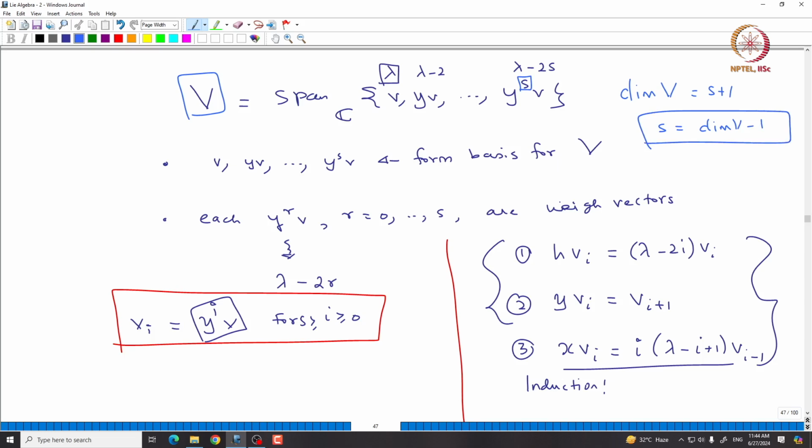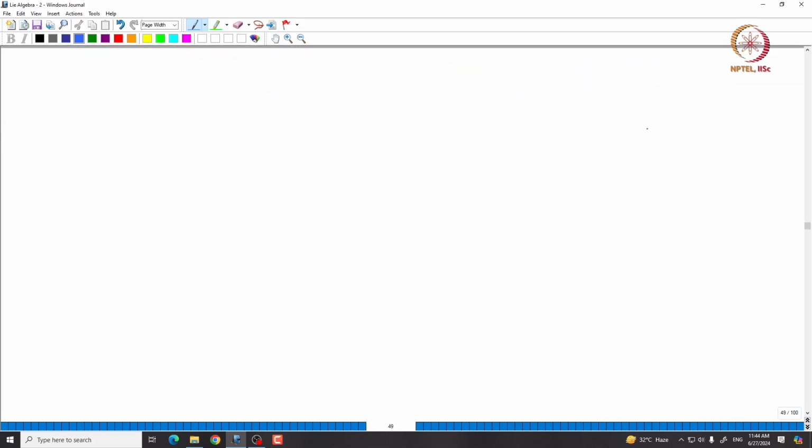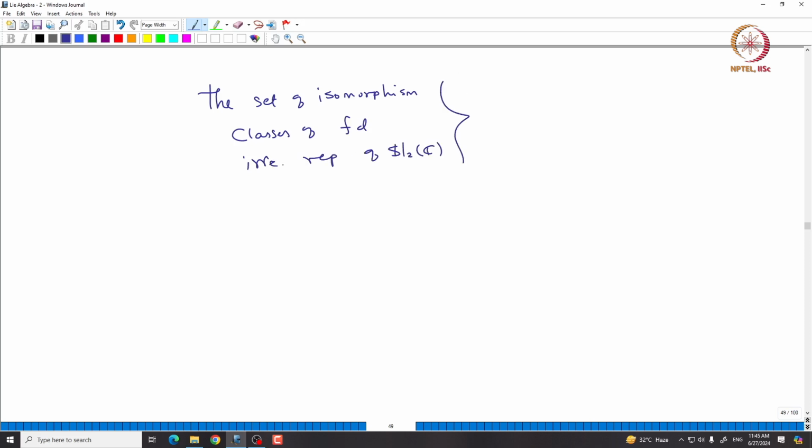So let us write down all the observations that we made. Indeed, we can define a map from the set of all isomorphism classes of finite dimensional irreducible representations of sl2c to Z plus.